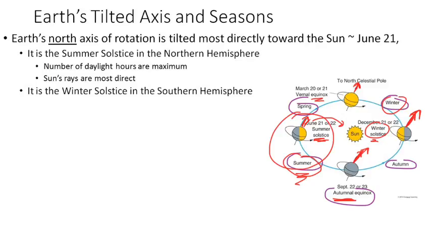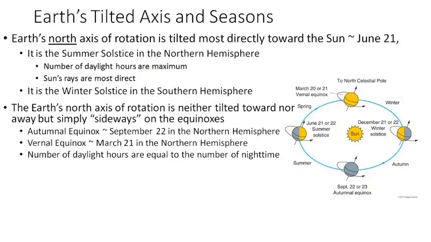One is that we get a different number of daylight hours. In the summer, we have maximum daylight hours at the summer solstice, and the sun's rays are most direct. I hope you can see that on the video that I brought up. And at the winter solstice, we have the shortest days, and the sun's rays are least direct in the northern hemisphere.